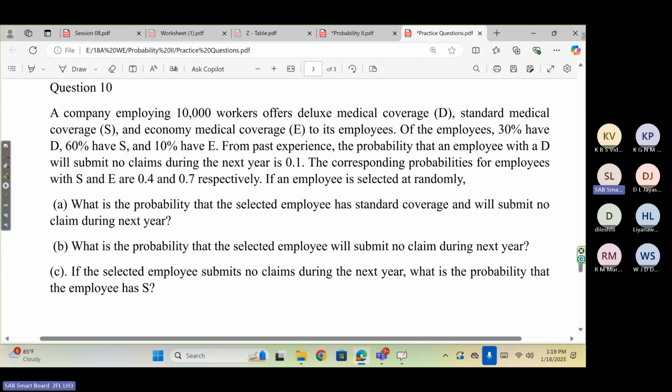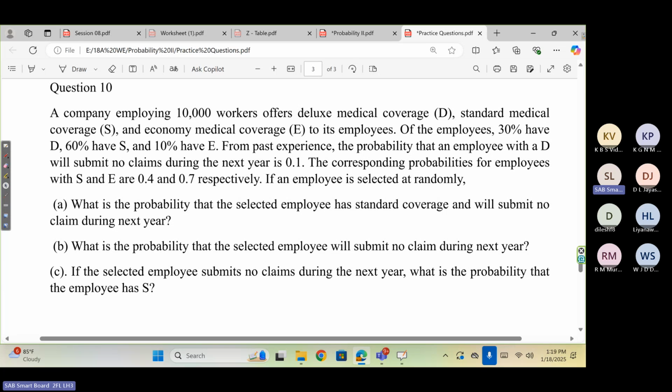Then 40% for standard medical coverage, and 70% for economic medical coverage. Here the common event is that the employee will submit no claim. It is common to all three medical coverages.